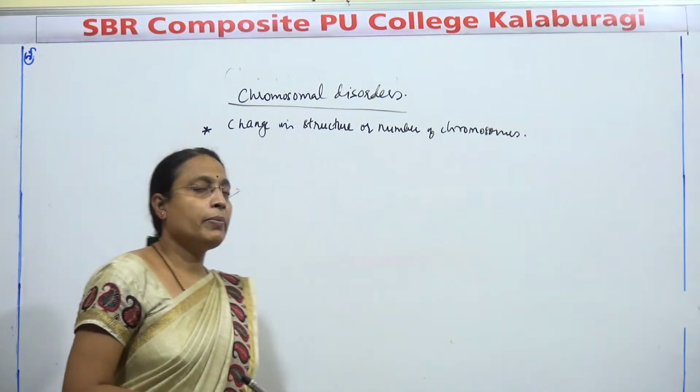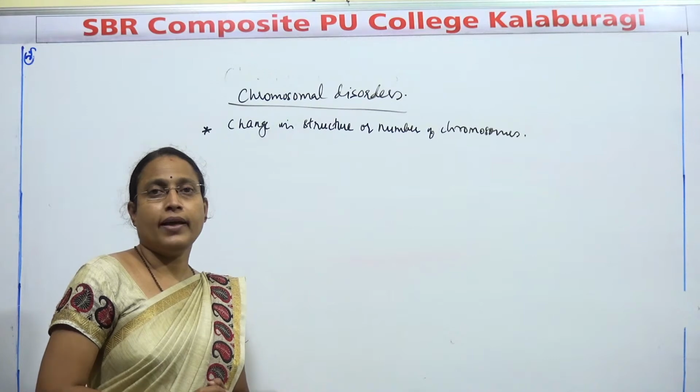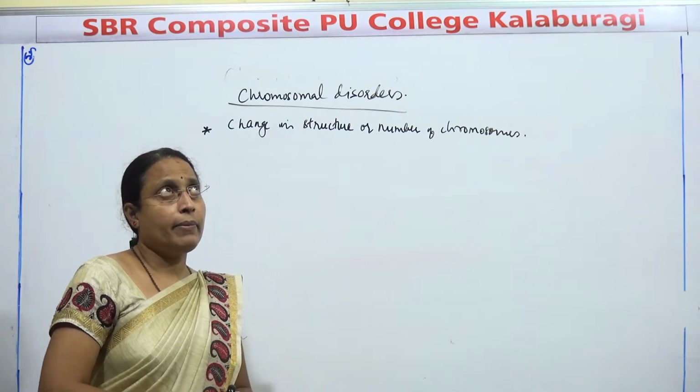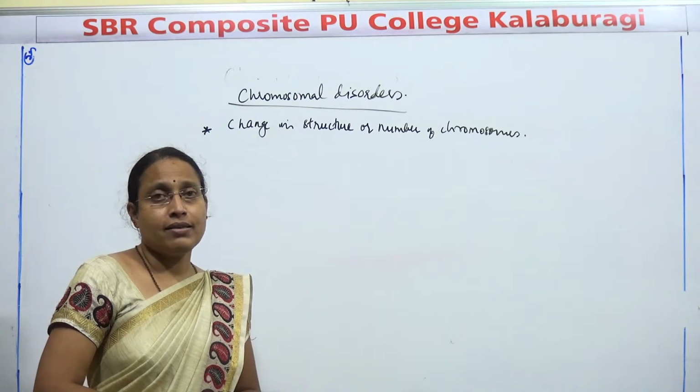So this will also be called chromosomal aberrations. Okay, and also you should know that chromosomal aberrations are common in cancer cells.